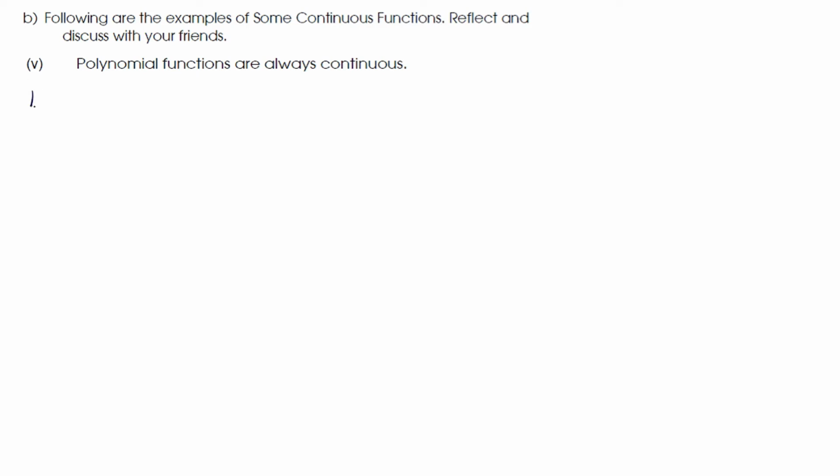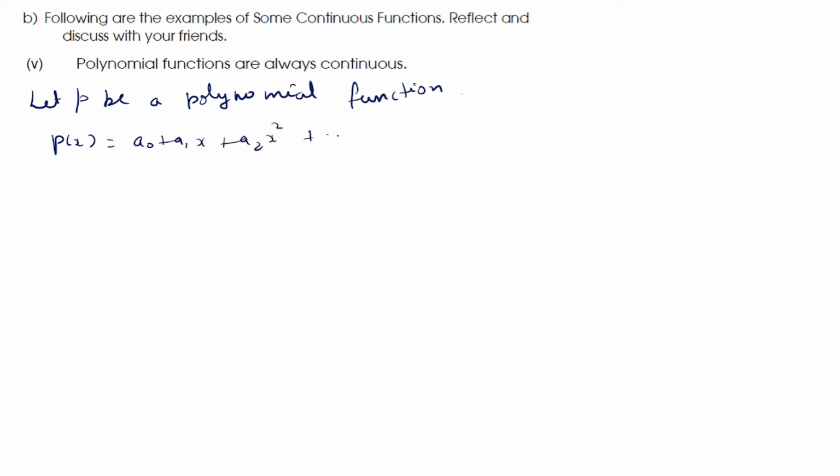So let P be a polynomial function. So we have P of x as a0 plus a1x plus a2x square, and so on, up to plus an x raised to n.